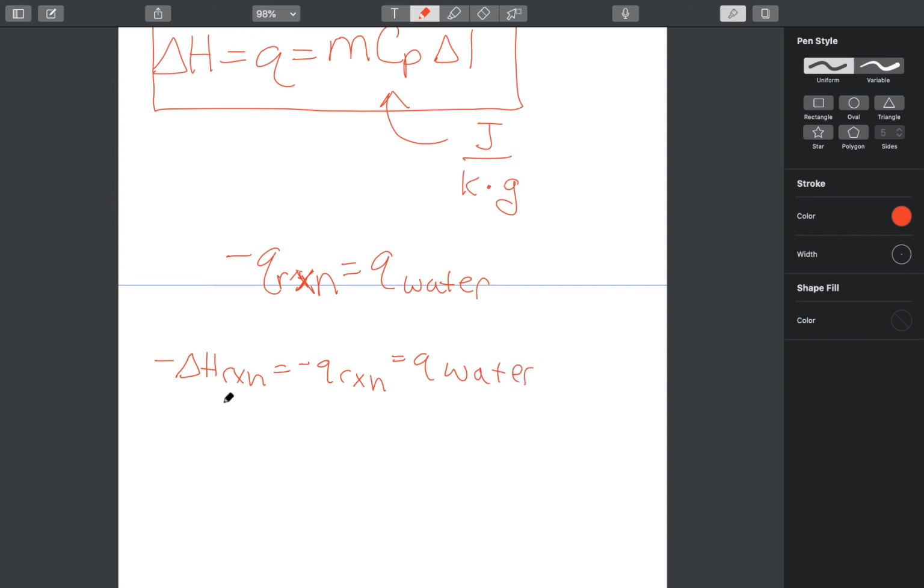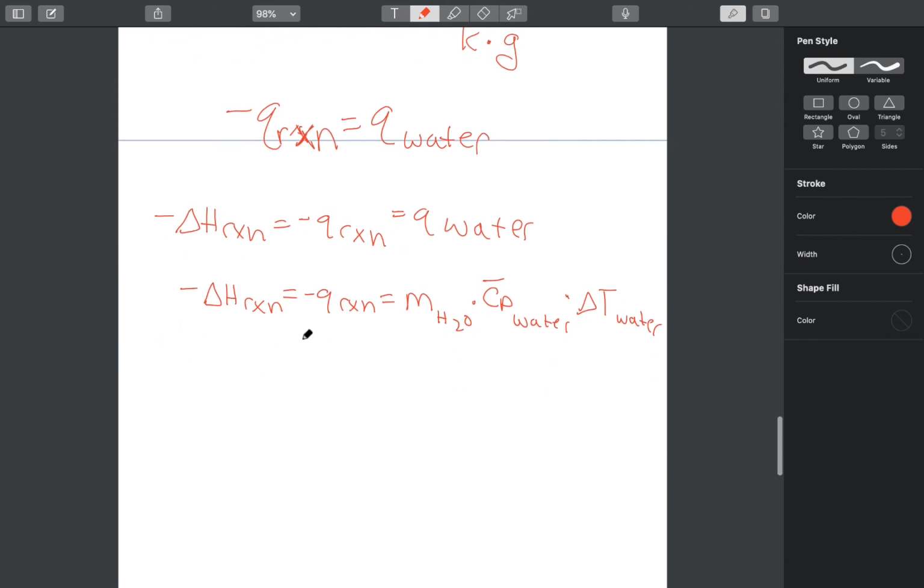Therefore, we can substitute in our equation, which gives us negative delta H of the reaction is equal to negative Q of the reaction, which is equal to m of the water times the specific heat of the water times the change in temperature of the water.